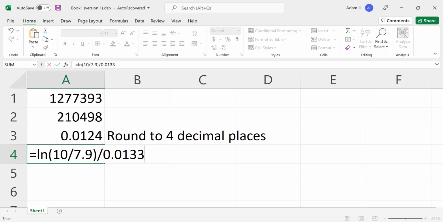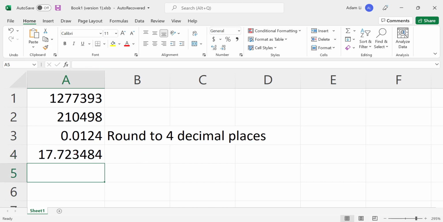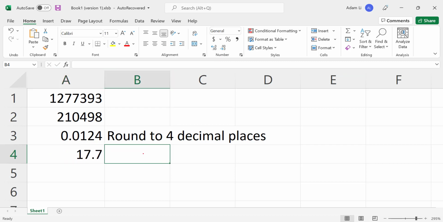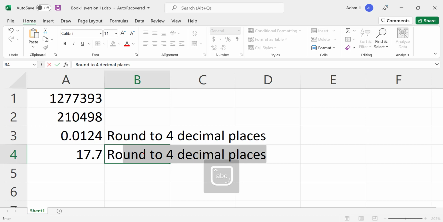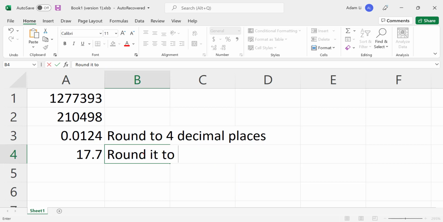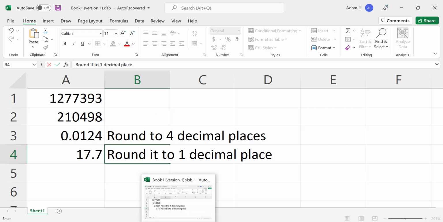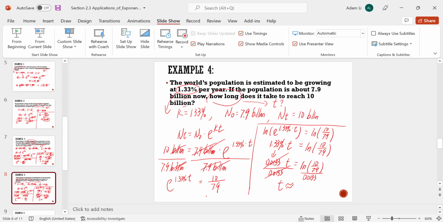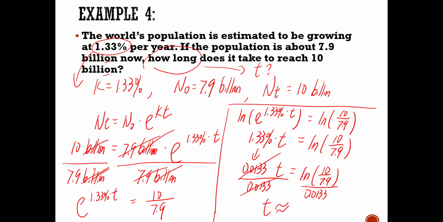And typically we round it to one decimal, so 17.7 years. That's how long it takes. So for time t, round it to one decimal place. So 17.7, that's the answer we're looking for. 17.7 years.